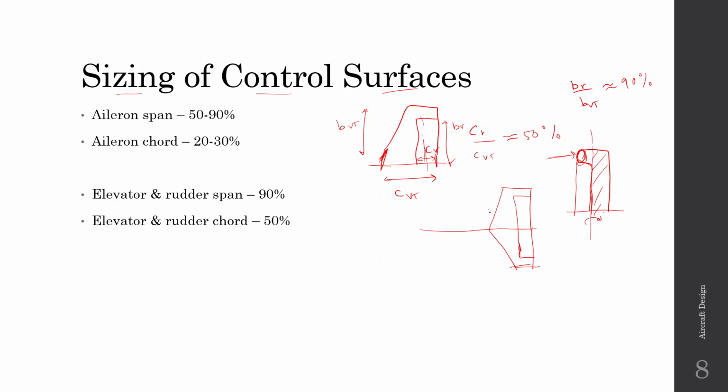So if this is the tail chord, then the elevator chord is at most 50%, and the elevator span is at most 90% of the horizontal tail.